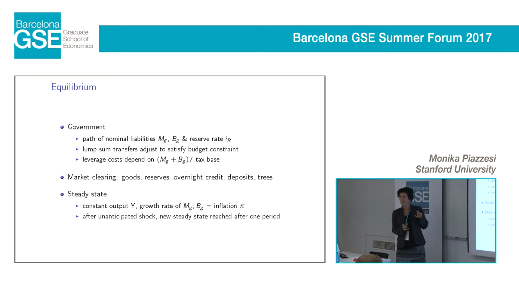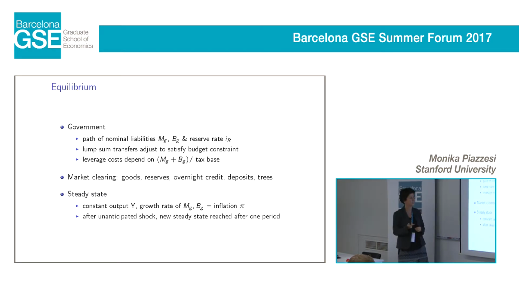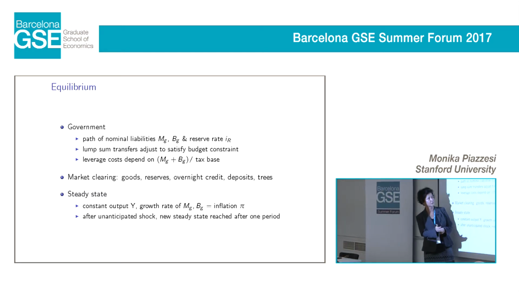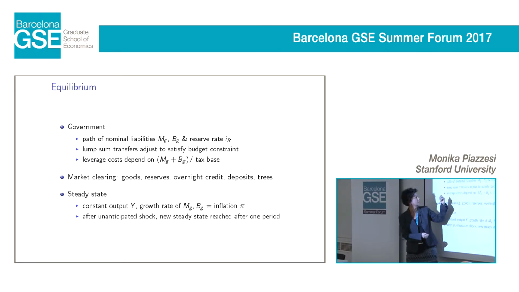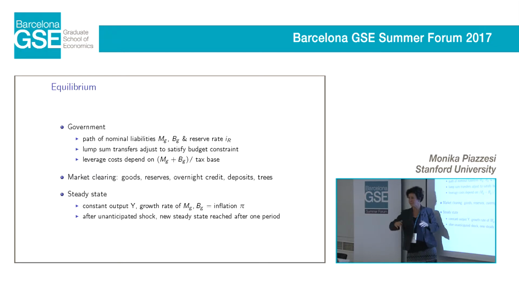So what's in equilibrium in this economy? The government sets a path of nominal liabilities for reserves and government debt, and it sets an interest rate on reserves. So these are the policy variables. There's a budget constraint, so we do lump sum transfers so that the budget constraint is satisfied.